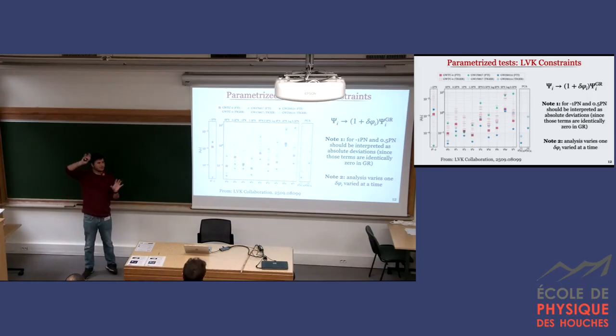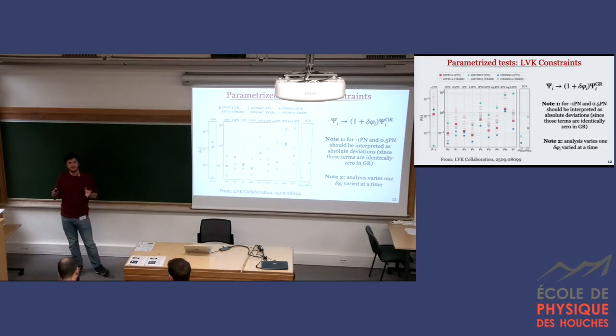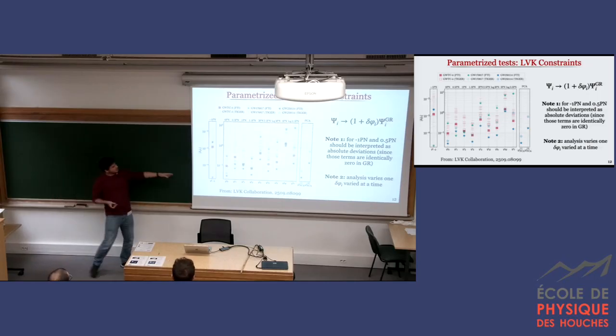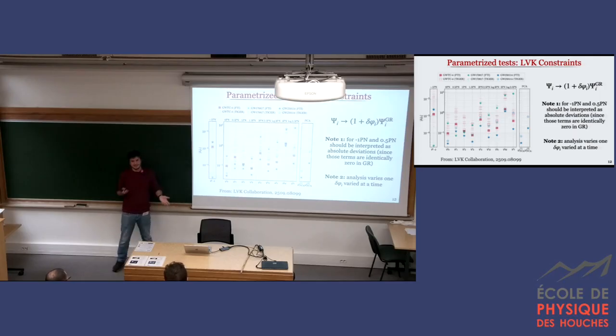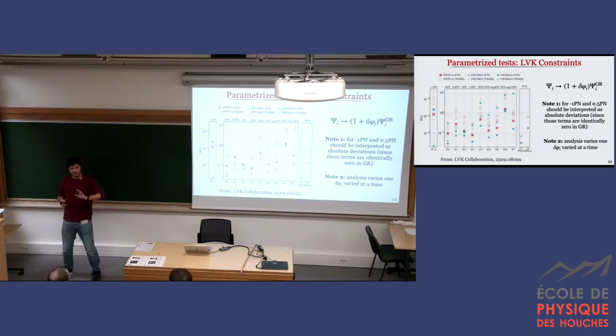Because all these PN terms are not really orthogonal to each other, right? They all come roughly in the same place in the waveform. So it's not that trivial, actually. You can do this test for constraining, let's say it's easy, and you can interpret it as a deviation at a given PN order, but if you detect something, it's going to be a completely different game to try to actually figure out what this deviation is.